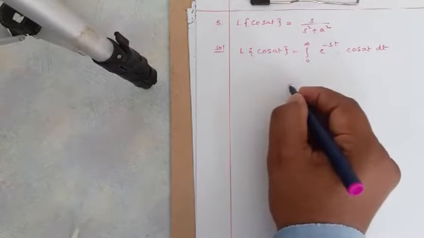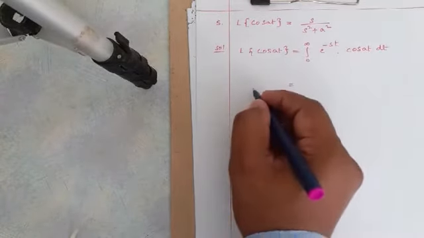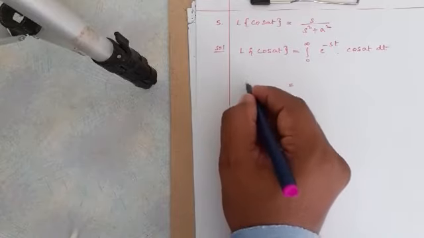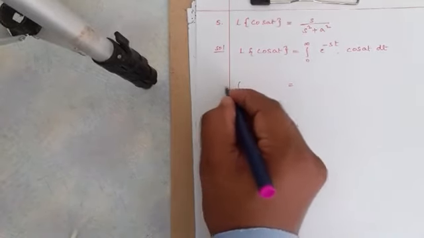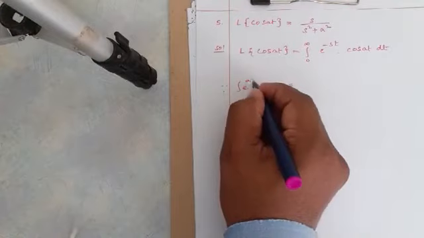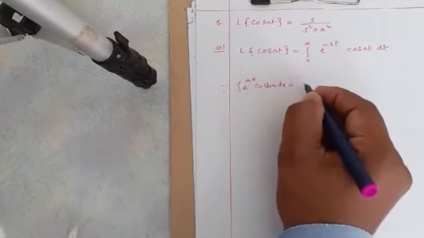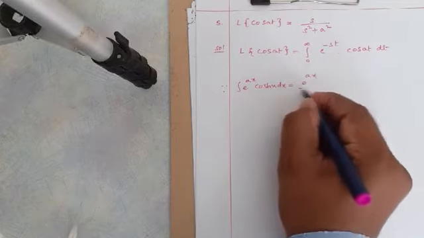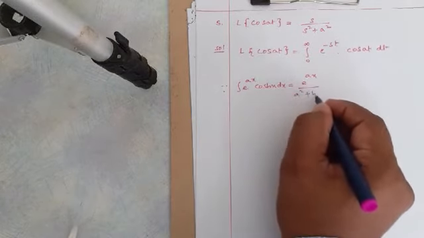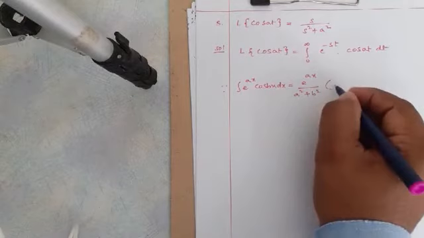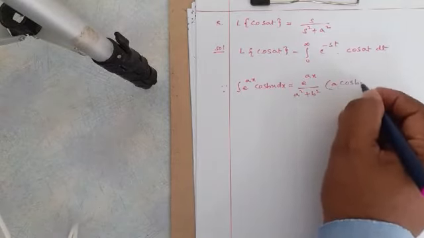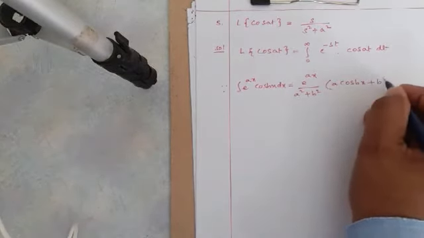So this is equal to, now again we have a formula, integral e^(ax) cos bx dx is equal to e^(ax) upon (a square plus b square), and in bracket we can write (a cos bx plus b sin bx).